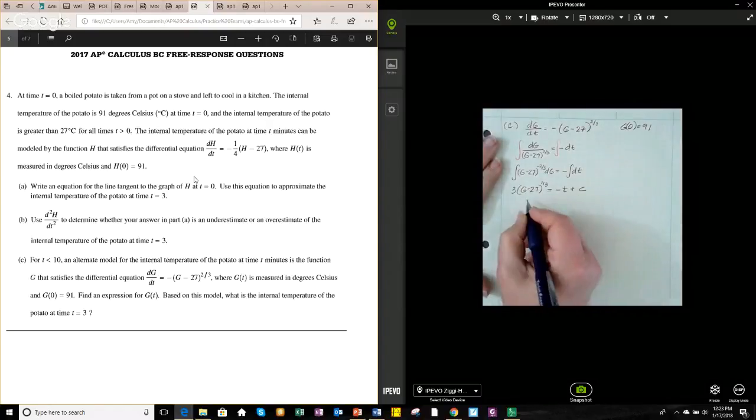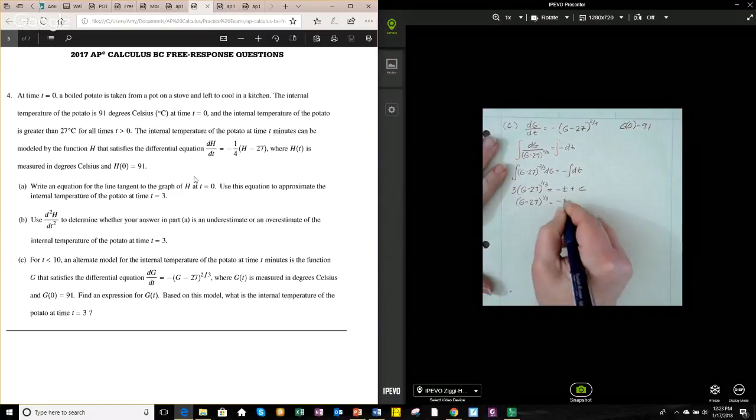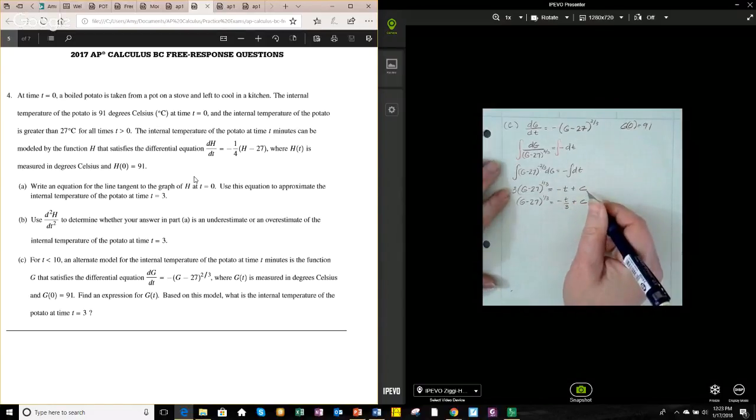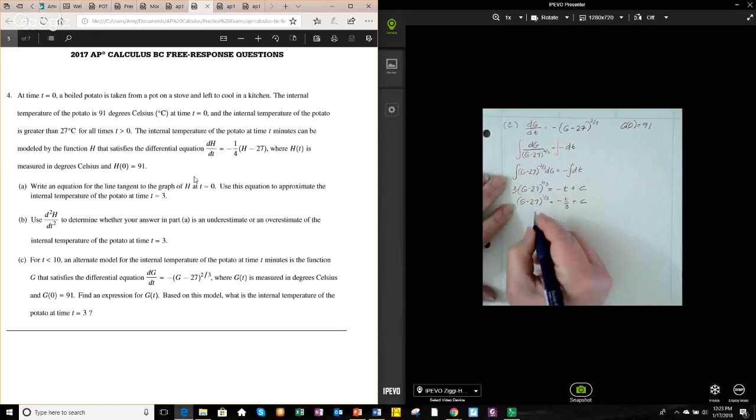All right, now I've got to get g all by itself. So I'm going to divide everything by 3. So we're going to get g minus 27 to the 1/3 equals negative t over 3 plus c, because if I divide c by 3, that's still a constant. All right, and now I'm going to cube both sides.